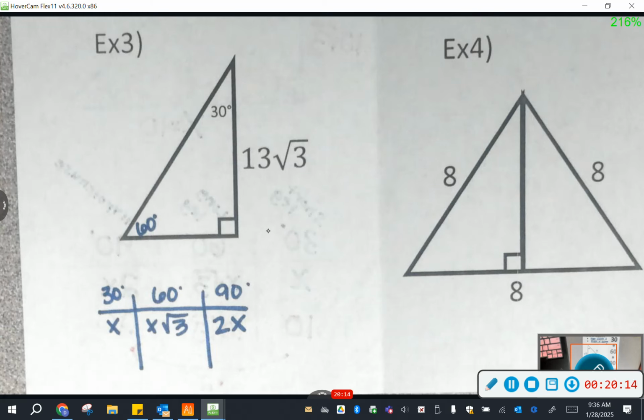What did I give you? What is it across from? And then put it on the triangle.